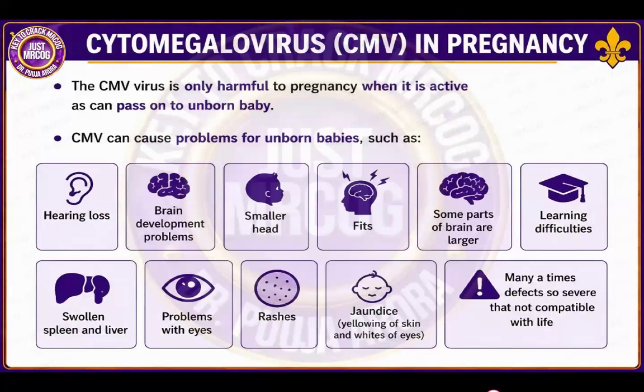Some very important vital organs may be swollen, problem with eyes, rashes. So that's why we are concerned about this condition, to confirm whether it is active. If it is active, in that case, we have to follow certain steps. And then you are going to explain to her what all steps you are going to offer her.